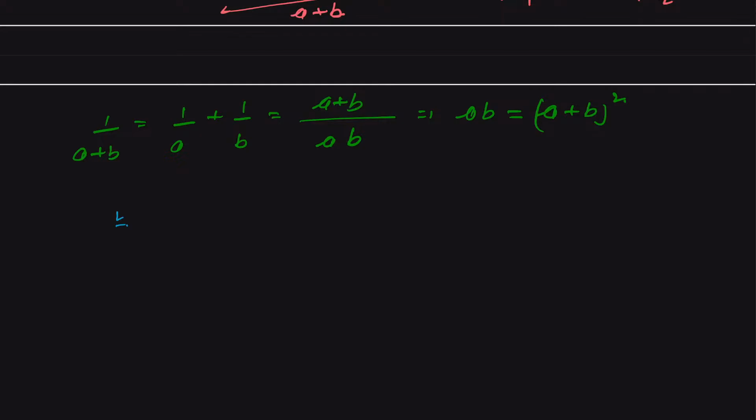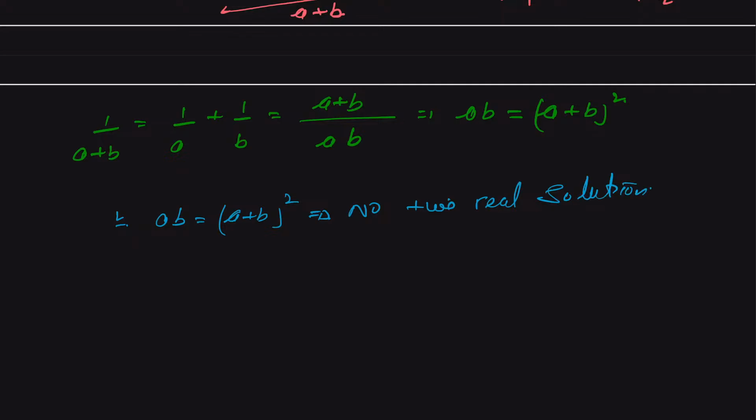So AB equals (A plus B) whole square has no positive real solution.